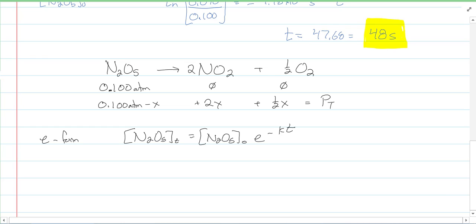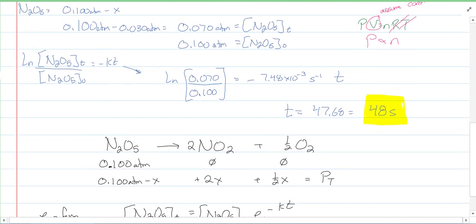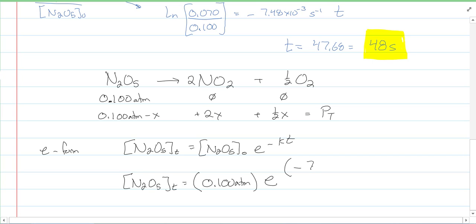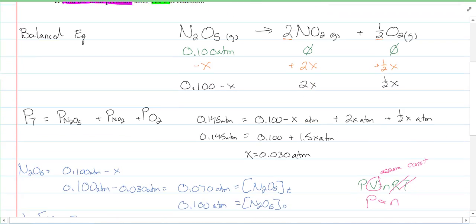Well, we're really interested in N2O5 at time t. We know the original concentration is 0.100 atmosphere. And again, we can use the atmosphere because it's proportional to molarity. e to the negative k, what was k? Negative 7.48 times 10 to the negative third seconds negative 1. And t was, what, 200 seconds? So 100 seconds. Excuse me, 100 seconds.